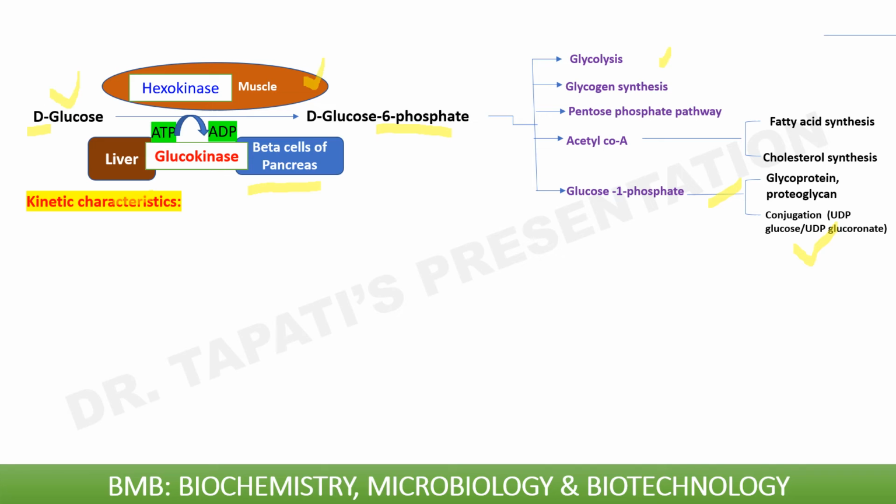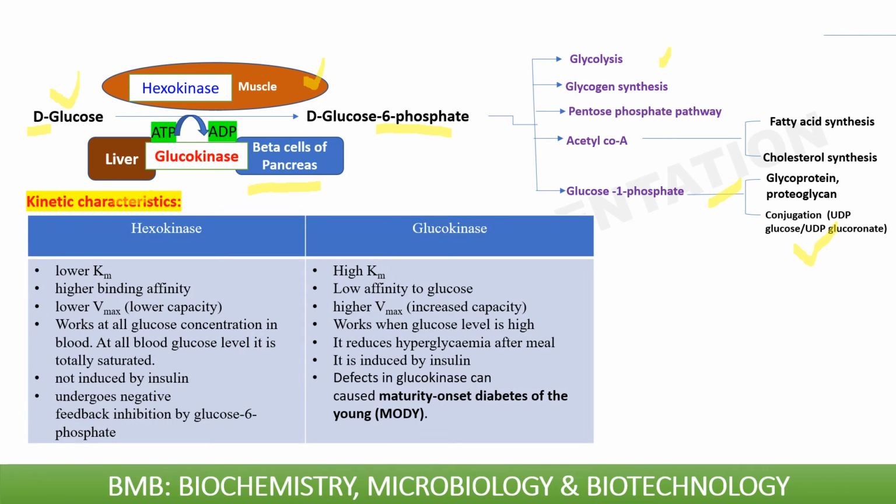Although they are catalyzing the same biochemical reaction, that is the phosphorylation of glucose to glucose 6-phosphate, their kinetic properties are completely different. Hexokinase Km value is very less as compared to glucokinase. Km value is high for glucokinase.